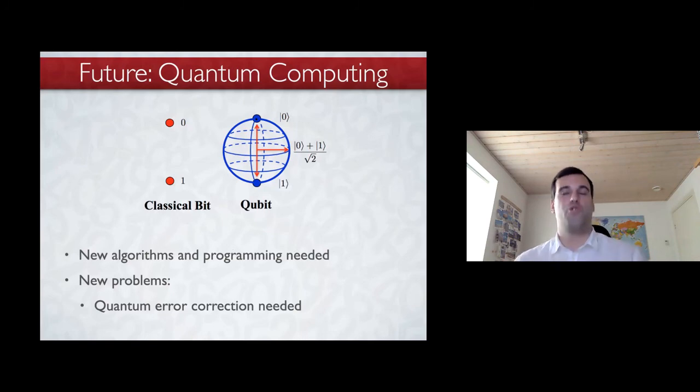And also new problems occur, because these quantum computers only work efficiently if they're very, very cold and effectively left alone. But of course, in our environment, we cannot achieve very cold and left-alone environments. So we need to work on something known as quantum error correction, so that if a fault in a computation occurs, we know about it.